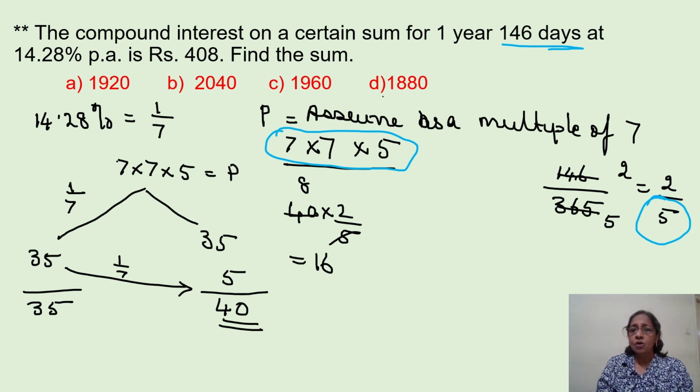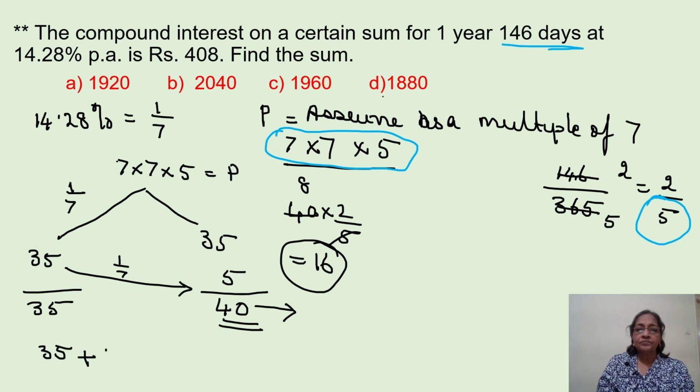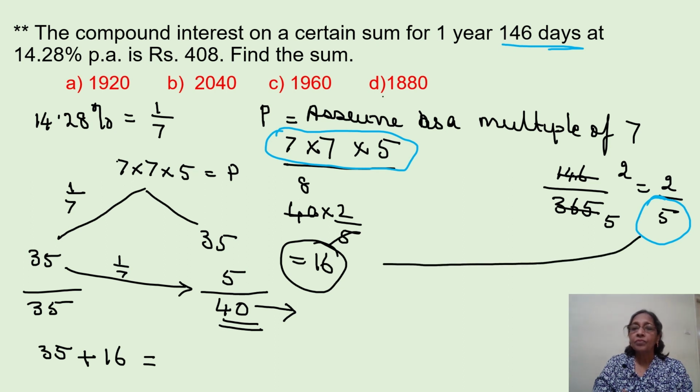Okay, so my interest for the second year is going to be 16 rupees. First year it is 35. Second year, which is nothing but only 2/5 of the year, and 2/5 of 40 gives us 16.